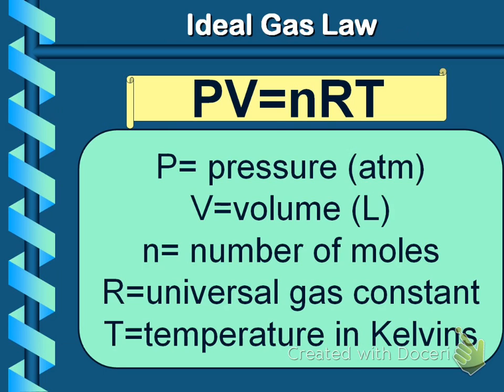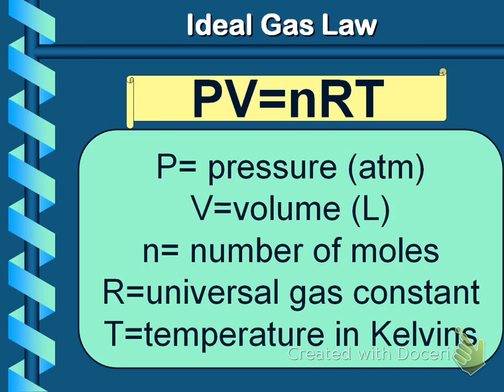Not the solar system, not the galaxy, the universe. This value of R, which we could actually calculate in the lab, is a constant throughout the universe, just like the speed of light. Okay? So make sure you take good notes on this equation, PV equals nRT: pressure, volume, number of moles, universal gas constant, and the temperature in Kelvin.